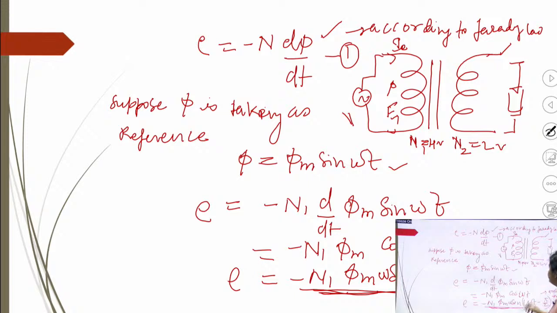Now, one observation you can see: we have taken the flux phi as the reference, and when we derive through this, the EMF induced by this flux is phi m sin omega t minus pi by 2. That means the voltage induced in the primary as well as the secondary is 90 degrees lagging with the flux phi, right.